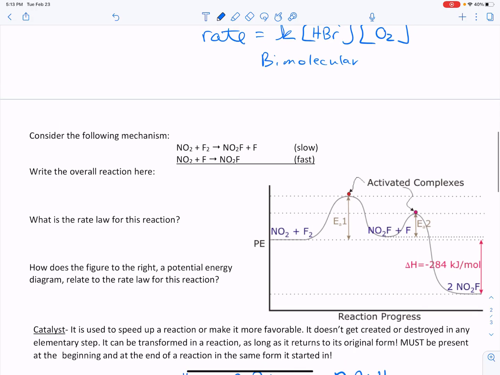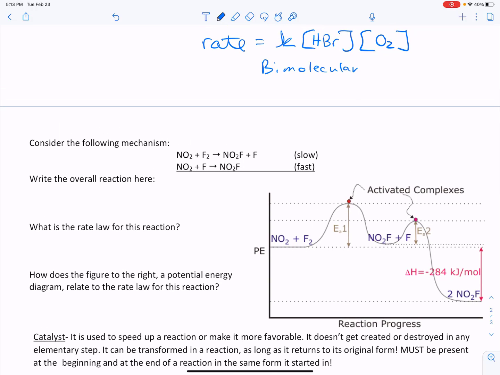All right, let's use what we learned from above and consider the following reaction mechanism. The first thing we want to do is write the overall reaction. So go through and cancel out any intermediates. What is actually our intermediate in this reaction? Try and identify it now. You should have identified fluorine because fluorine shows up as it's created first and then it is transformed into something else.